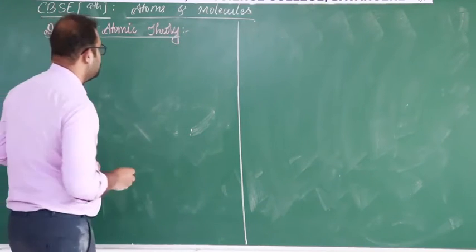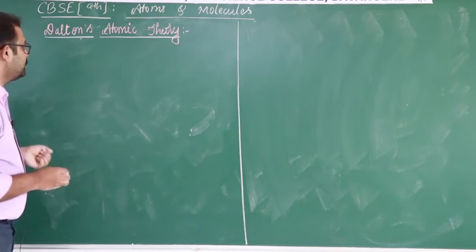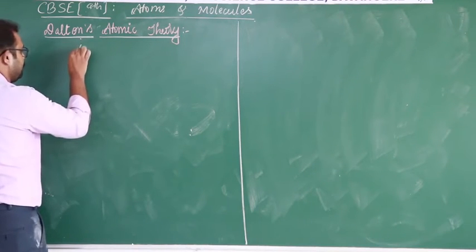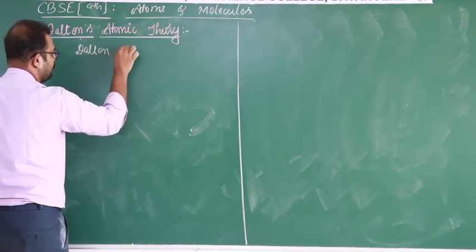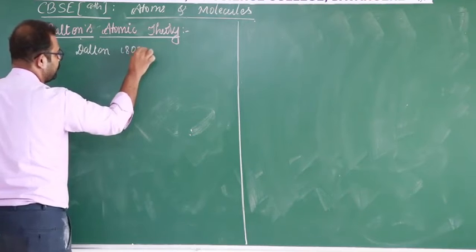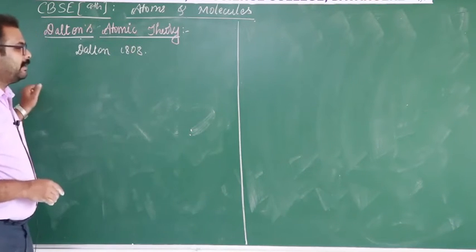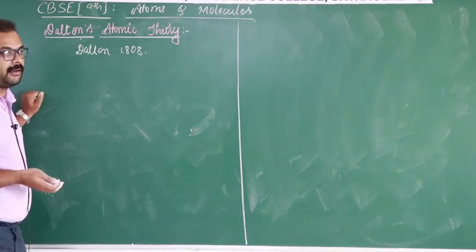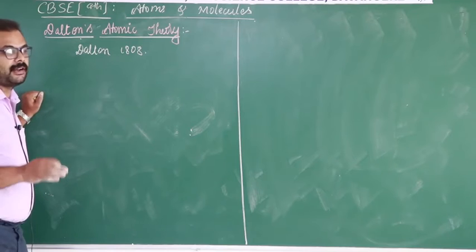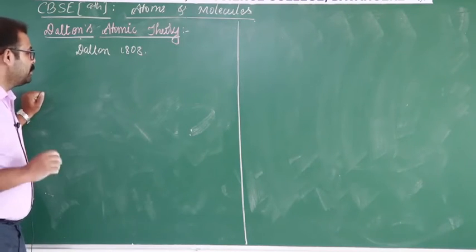So Dalton's atomic theory was proposed by a scientist called Dalton in 1808. According to him, whether it is an element, a compound or a mixture, all matter is made up of smallest particles called atoms.